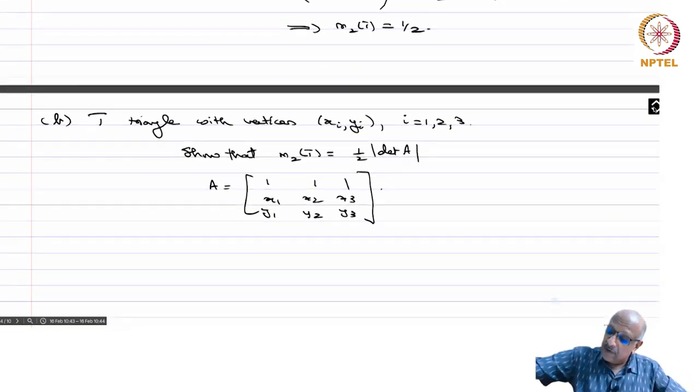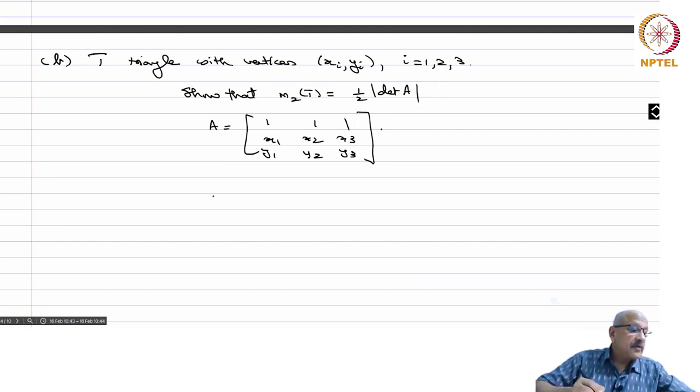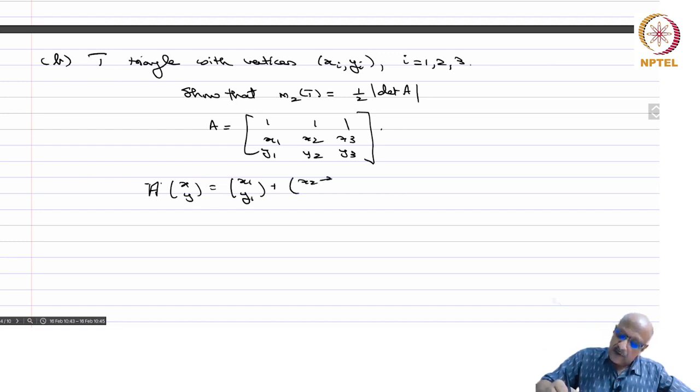Again we use the same trick as the previous exercise part. So we define A of (x,y) equals (x1, y1) plus the matrix [x2 minus x1, x3 minus x1; y2 minus y1, y3 minus y1] times (x,y).